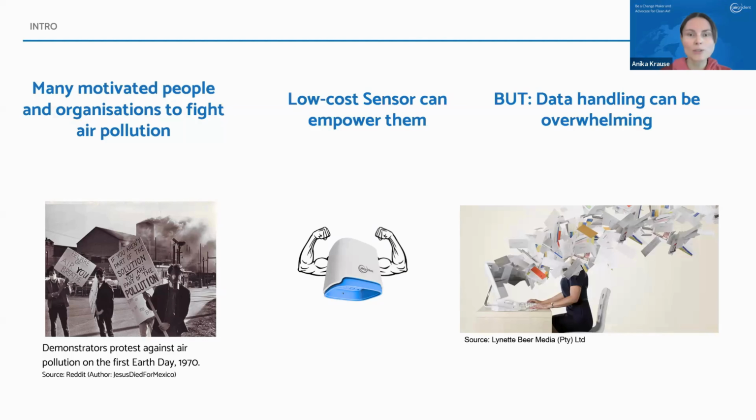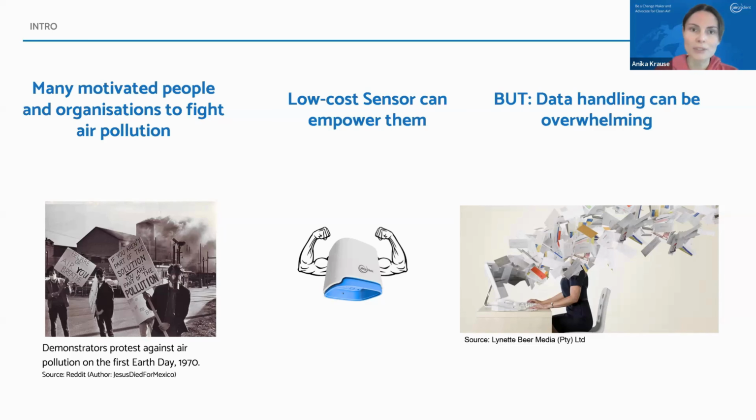However, they also need some attention when it comes to data handling and calibration, and that can become quite overwhelming. Not every little municipality or environmental organization has a data scientist in their team. Data can be quite a lot from low-cost sensors, so it can become overwhelming quite quickly.